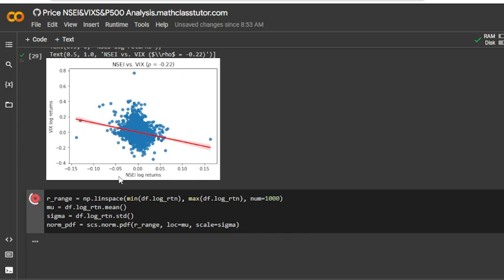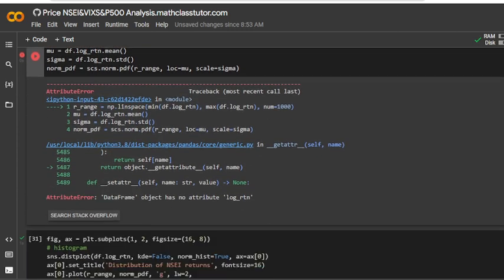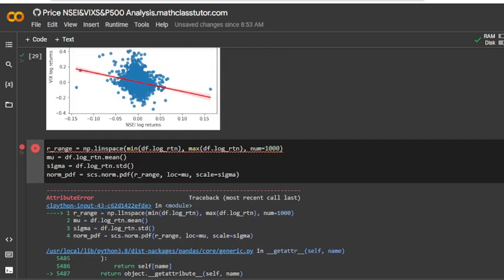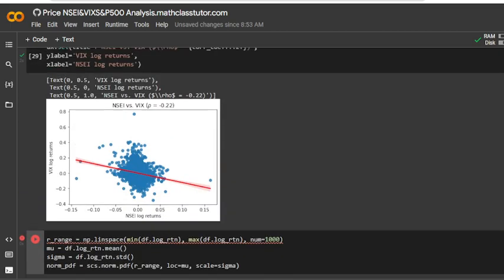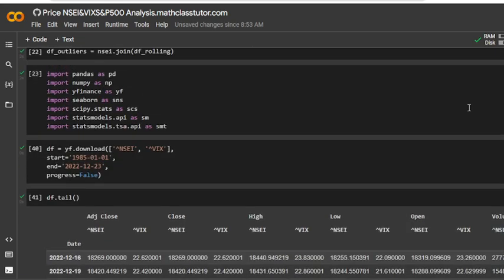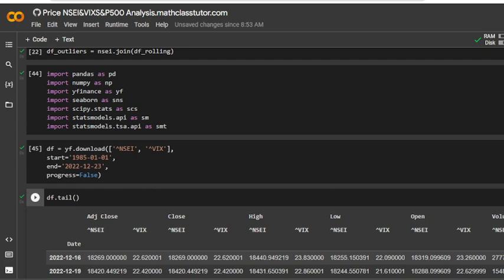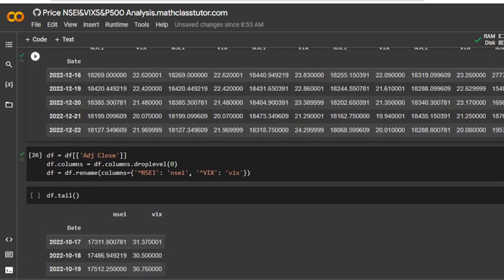Okay, so let's see what happened. Something happened, I think, in my machine. Wait, I think I got an error. Yeah, something happened here. Yeah, I have collected. Did I get this price?